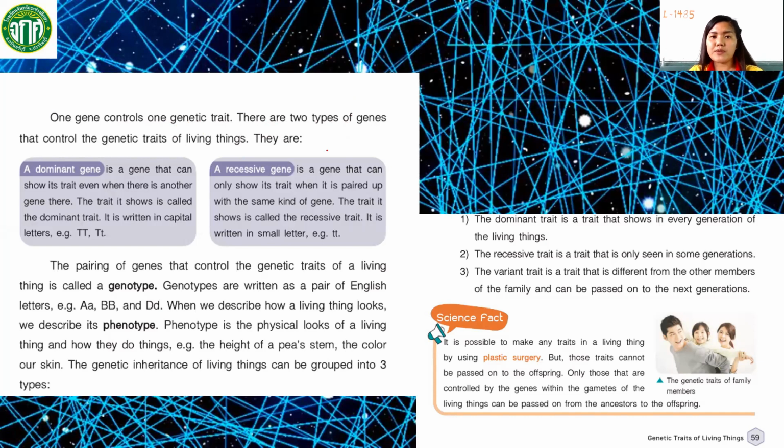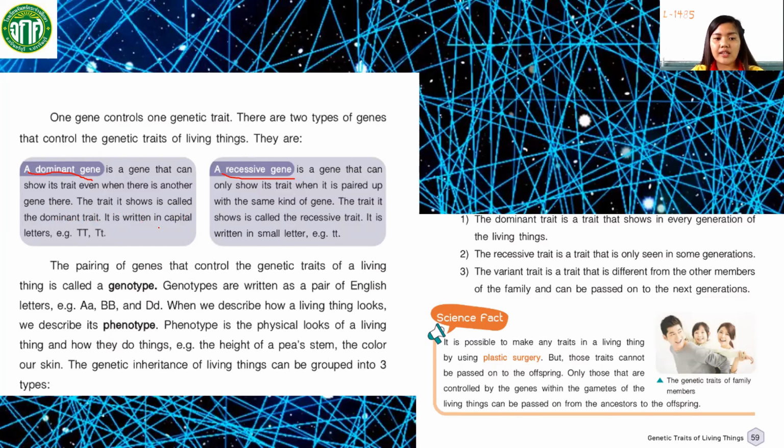There are two types of genes that control the genetic traits of living things. The first one is a dominant gene, and the other is a recessive gene. Let's start first with the dominant gene. It is a gene that can show its trait even when there is another gene there. The trait it shows is called the dominant trait.